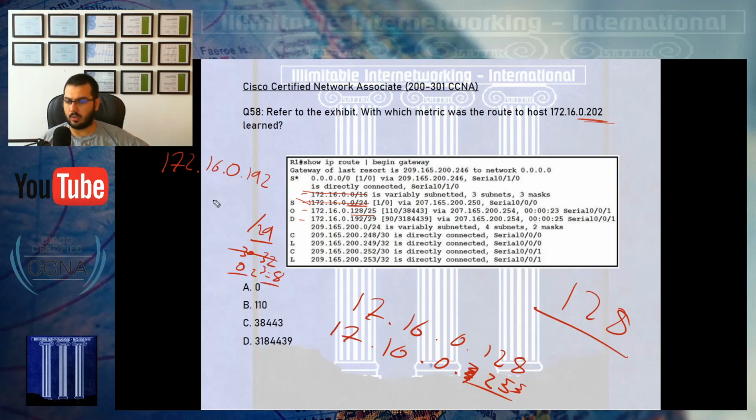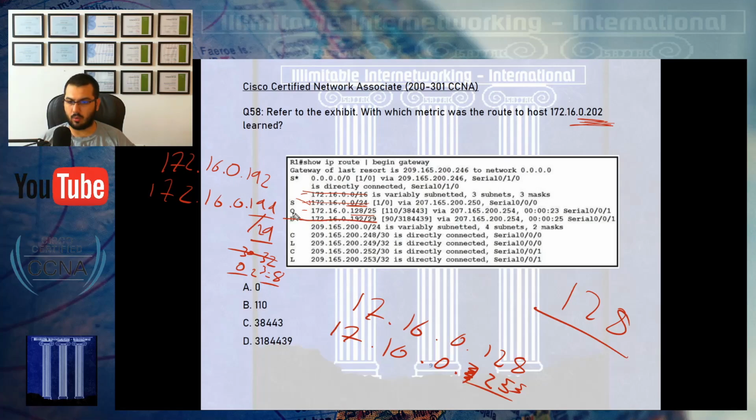So 8 is the total amount of IP addresses. 192 is the first one, 193 is the second one, 194, 195, 196, 197, 198, 199 is the eighth one. So this network ends with 199, and this one does not include that, unfortunately.